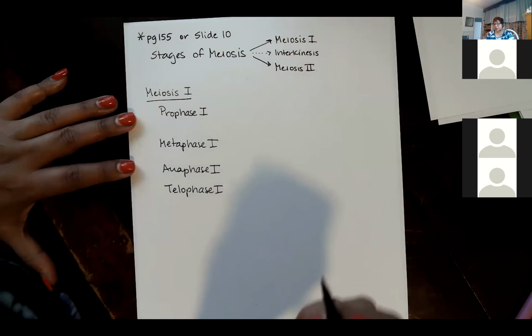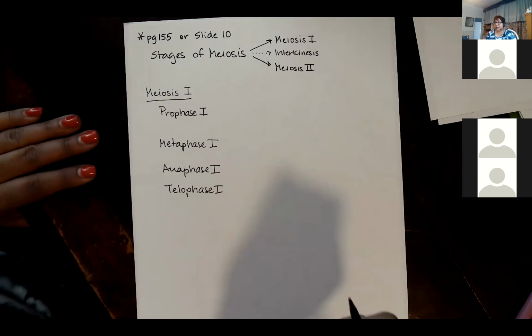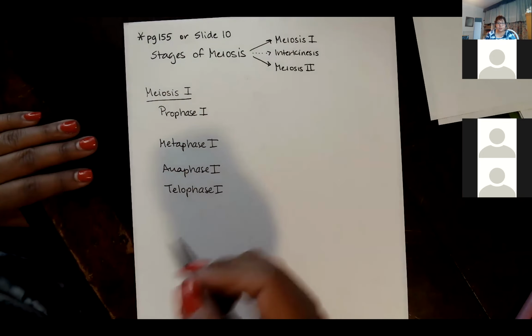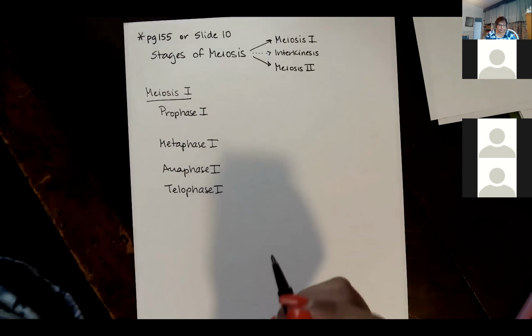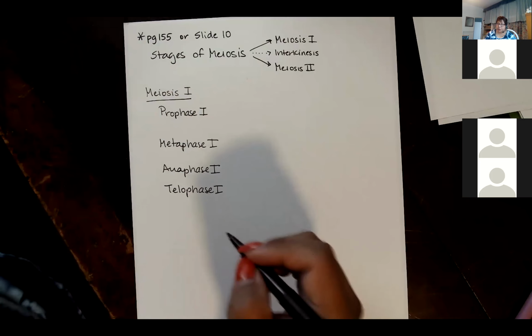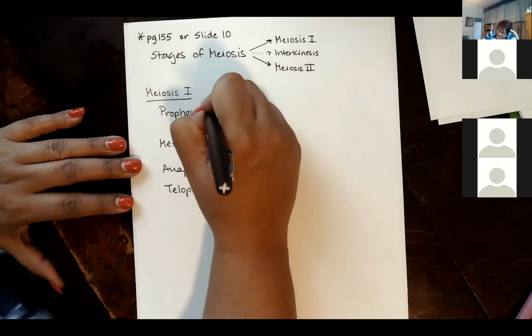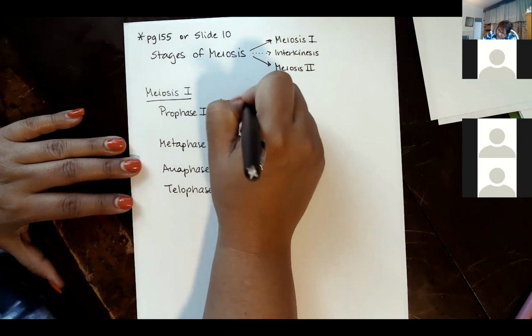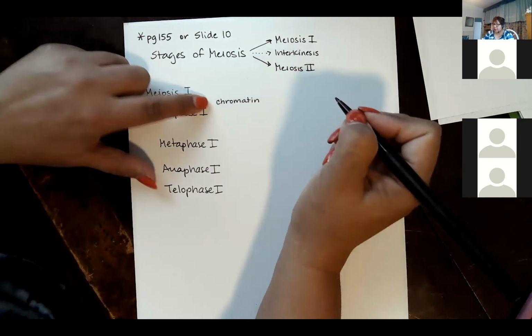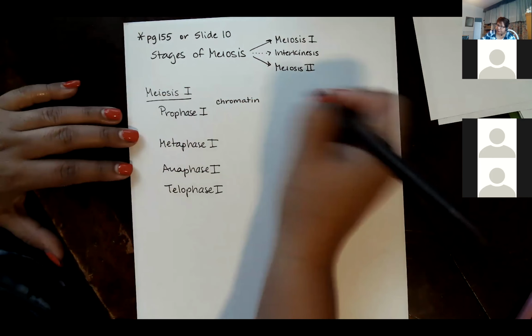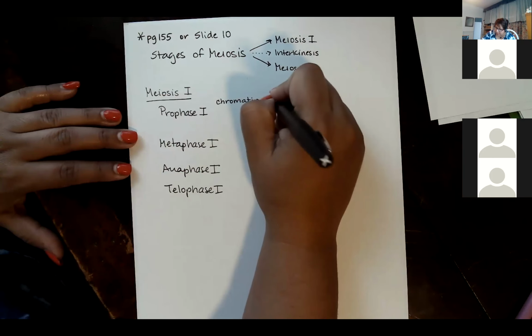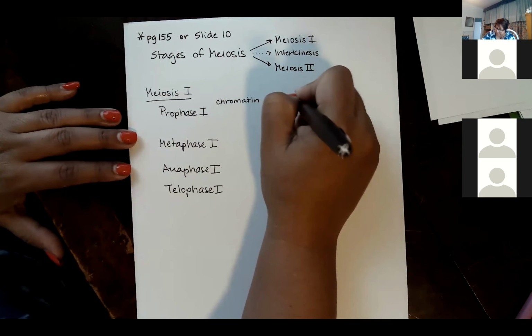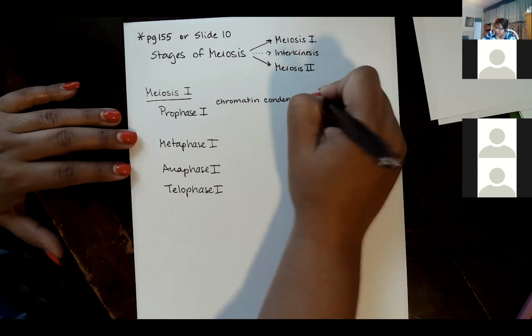I promise you, this is going to sound a whole lot like mitosis, but there are some major differences. So during prophase 1, chromosomes are long, loose, and stringy, so they exist as chromatin. Chromatin condenses into chromosomes.